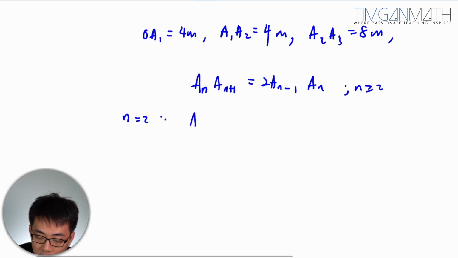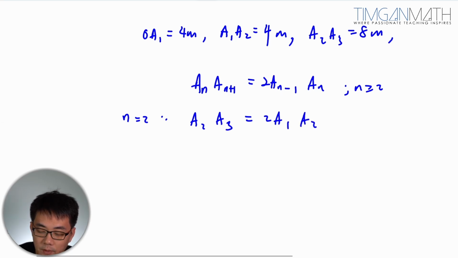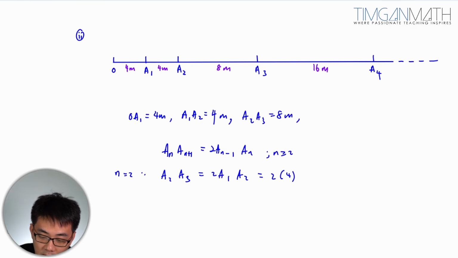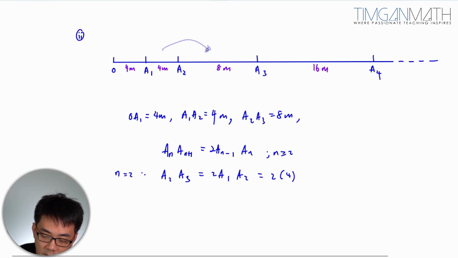If n is 2, A2A3 is actually twice the previous one, A1A2. So this is 2 times 4. It means that this is multiplied by 2 over here. This is fixed, not part of the equation here.